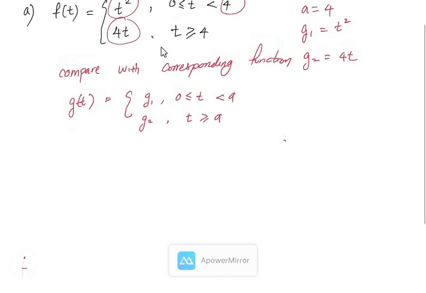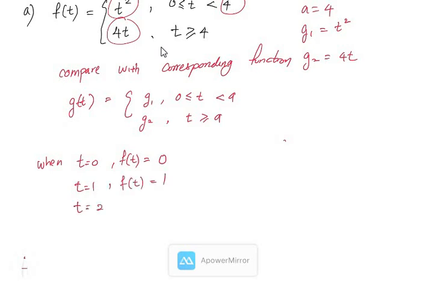So when t equal to 0, we substitute in the equation t to the power of 2, so you get 0. When t equal to 1, f(t) is equal to 1 also. When t equal to 2, f(t) equal to 4. When t equal to 3, f(t) equal to 9.